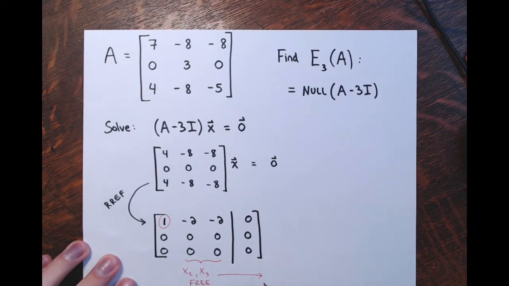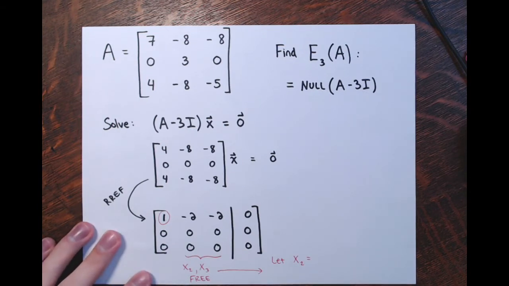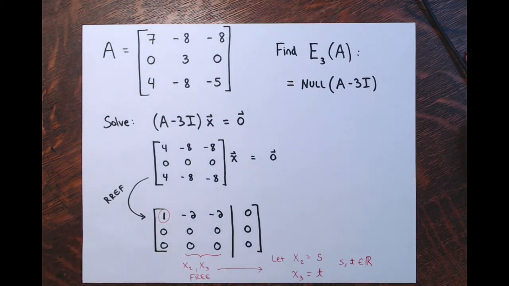And like I like to do, I'm going to let these free variables be represented by some other parameters, some other expressions that can take on any real number. So I'm going to say x2 is s again, and x3 is t again, where s and t can again be any real number I wish. They're free.